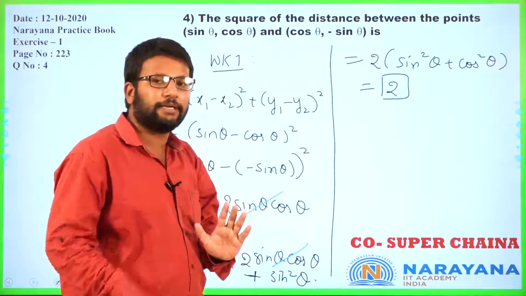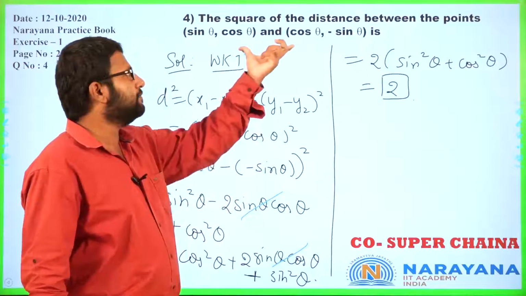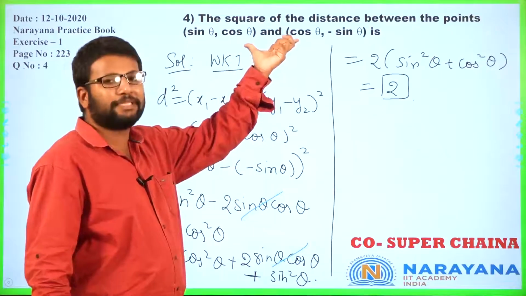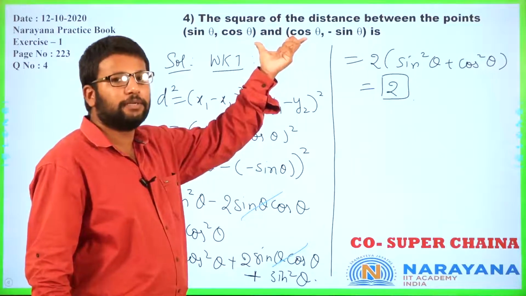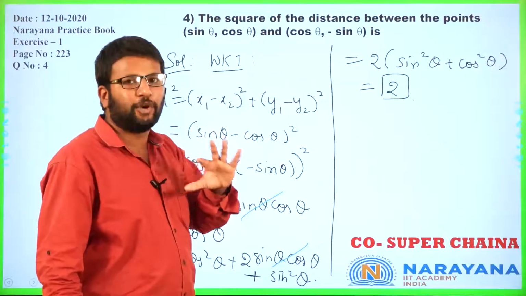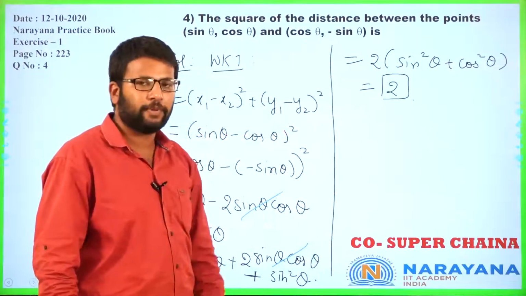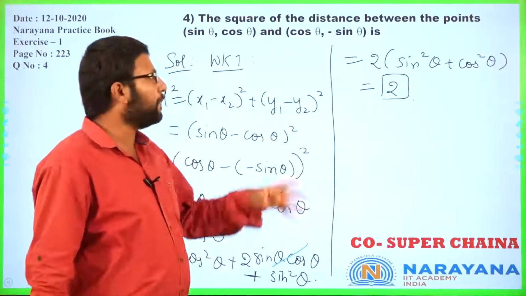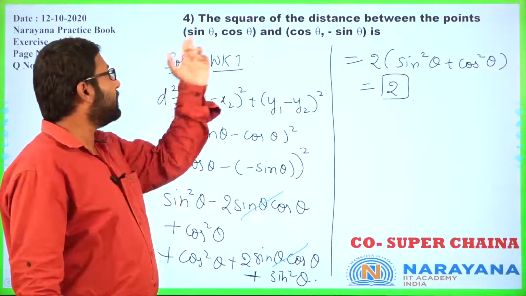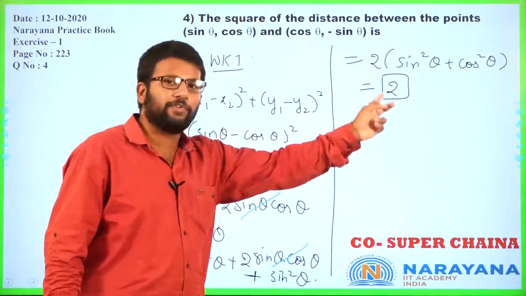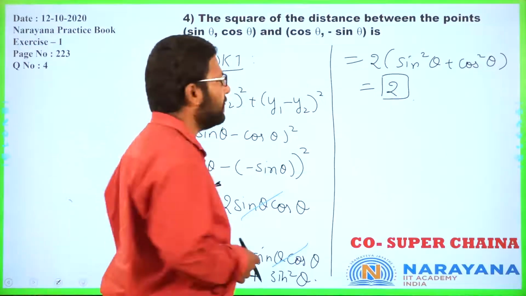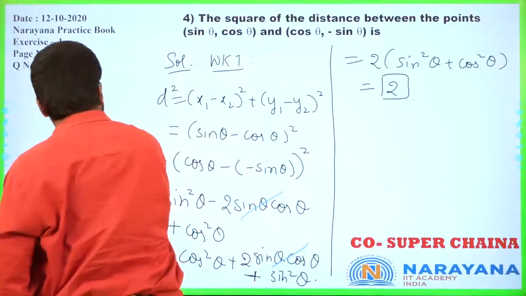Don't worry if you don't understand it, but these will make basically 90 degrees at the origin, and then when you apply geometry you will realize that this distance is root 2, therefore their square would be 2. Okay, doesn't matter. My point is, whatever be the value of theta, your final answer will always be 2. Okay, alright, let us proceed then.